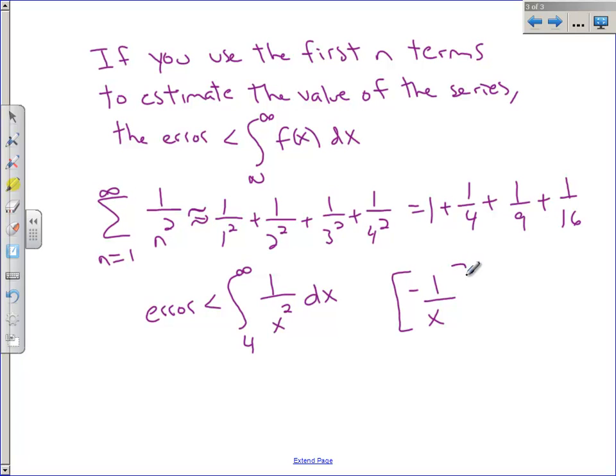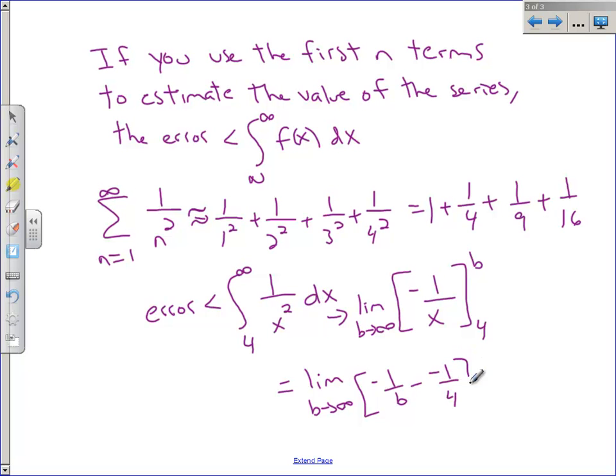And now here we're going from 4 to b, and then we let b go to infinity. So we plug in our b. We get negative 1 over b minus negative 1 over 4. And as b goes to infinity, that first fraction goes to 0, so we get a value of 1/4. The area under the curve is 1/4.